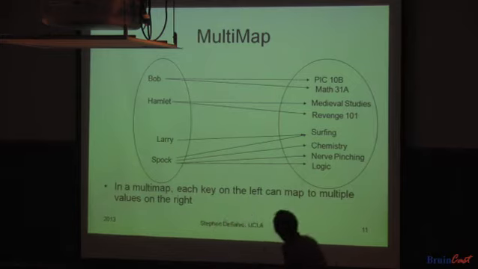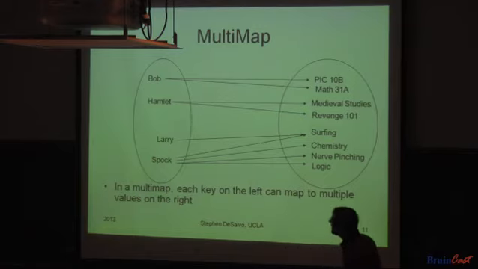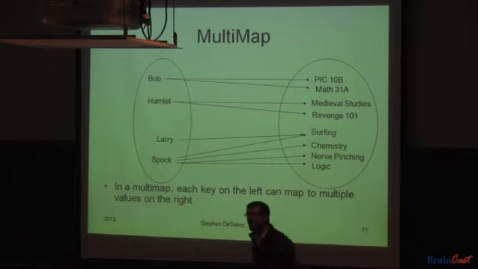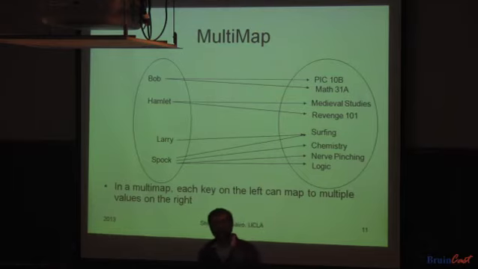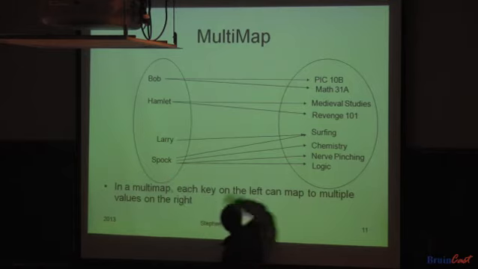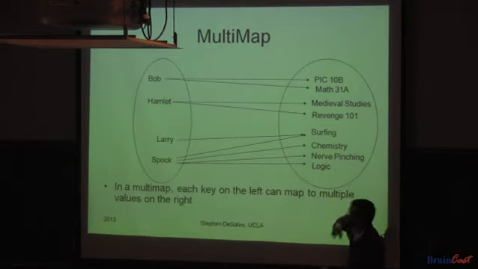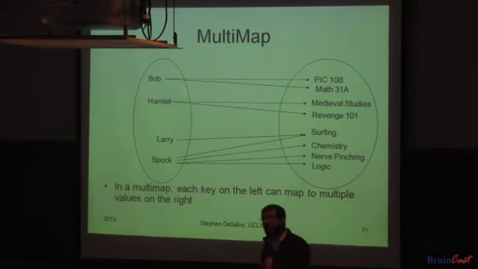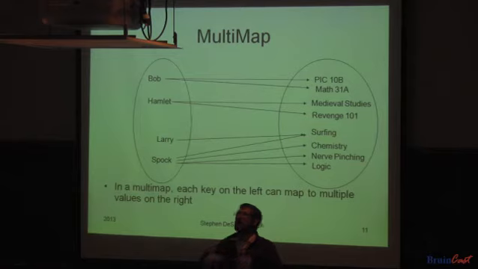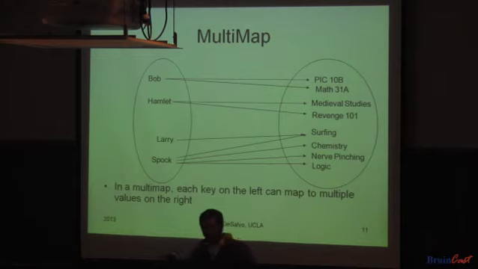So, okay, here we go. The next type of relationship you might want to consider in practice is not just a map, which is many to one, but you might want to do a multimap, which is this guy Spock can map to multiple elements, not just a single one. Okay? So in a map, it's like a function. Don't quote me on the exact terms, but remember, a function is just any map where each input has exactly one output.